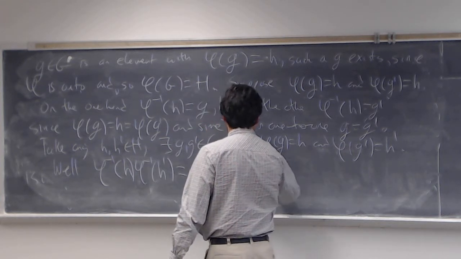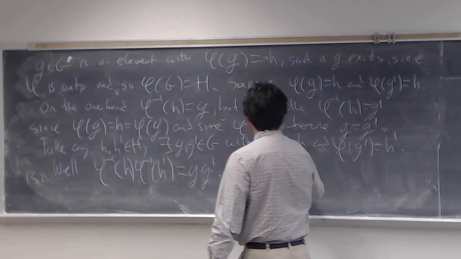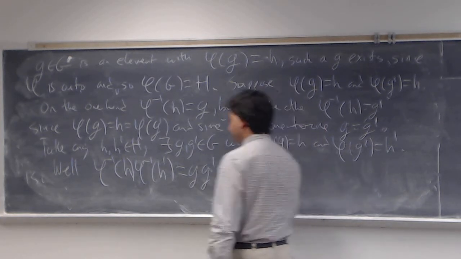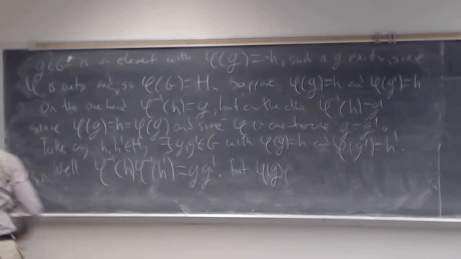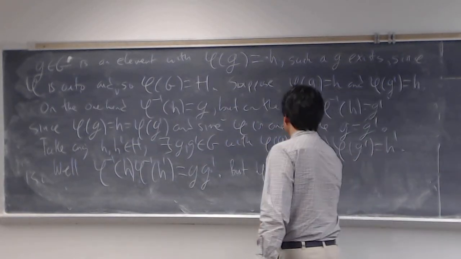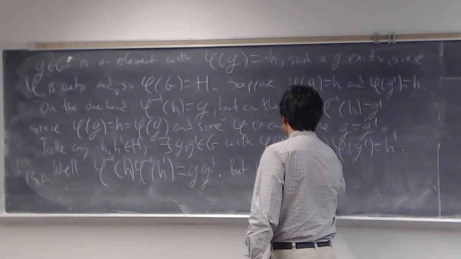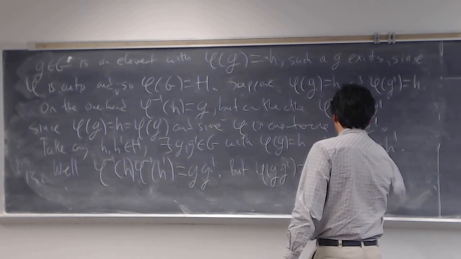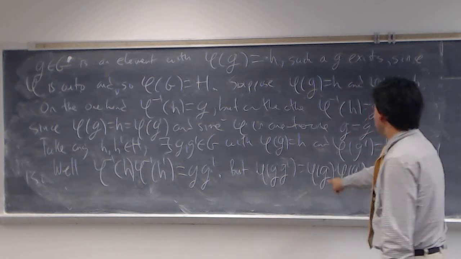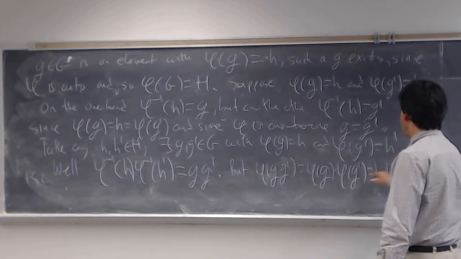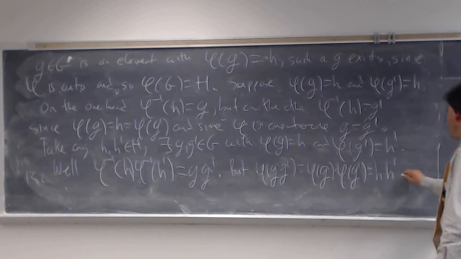But if now instead of looking at phi inverse, we just look at phi of g times g prime, that's phi of g times phi of g prime. Phi of g is just h. Phi of g prime is h prime.